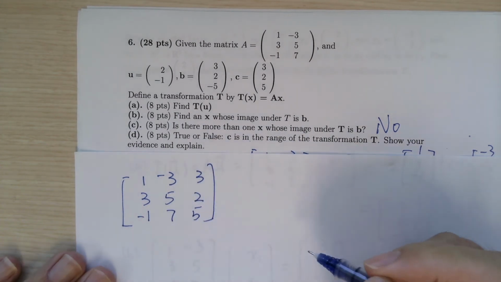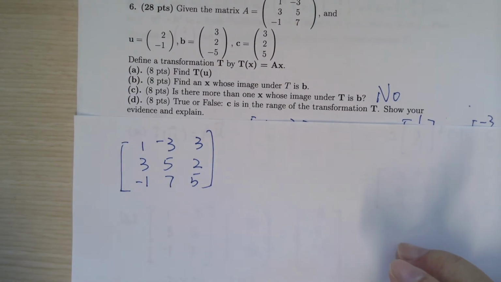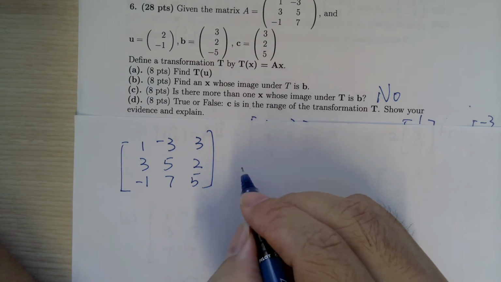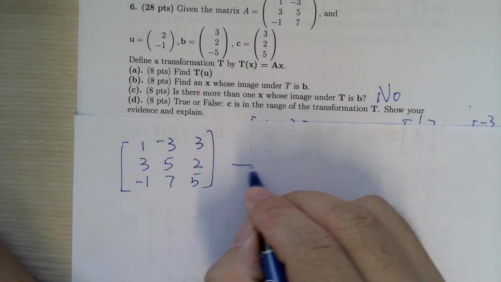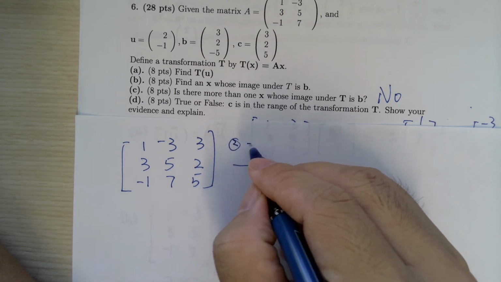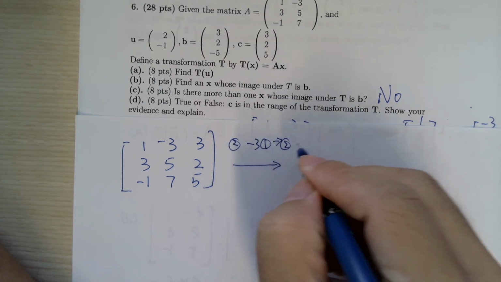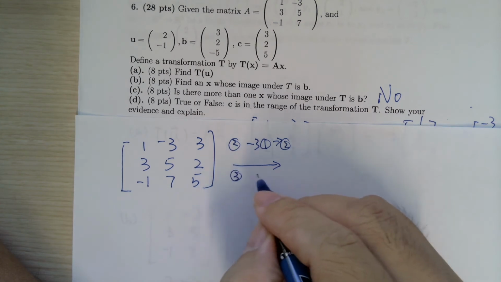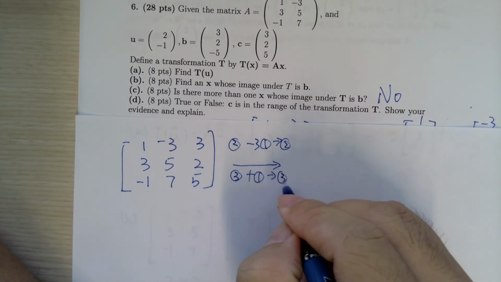We're trying to know if this augmented matrix has a solution or not. Again, you do the reduction, right? Row 2 minus 3 times row 1 becomes row 2. Row 3 plus row 1 becomes new row 3.